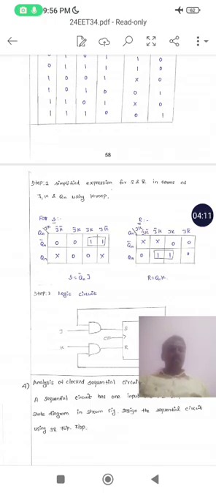S equals Qn complement J, R equals Qn K. Then S and R are the outputs, and J, K are the inputs.